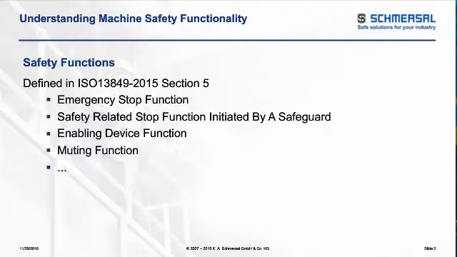What do those safety functions entail? These are just a couple of examples listed right out of Section 5 of the latest version of ISO 13849. And I'm going to say probably the top two that you see on most machines are the emergency stop functions, so your emergency stop push buttons or rope pull switches to put the machine in an emergency stop condition, and the other one being the safety-rated stop function initiated by a safeguard.